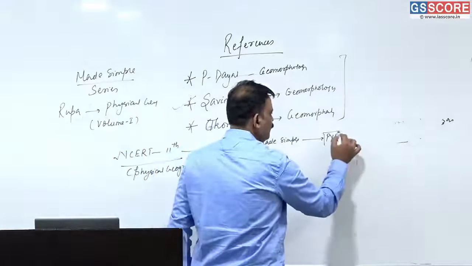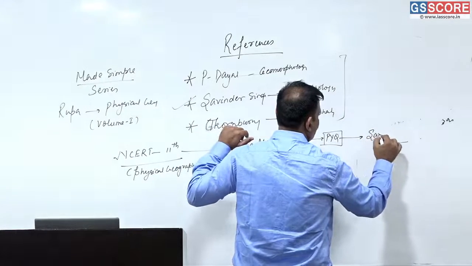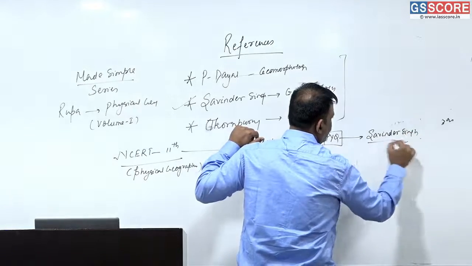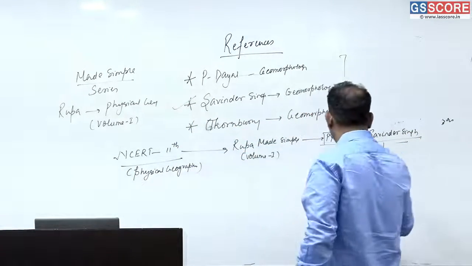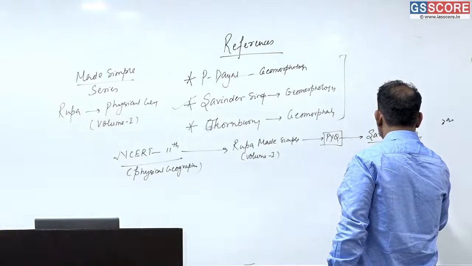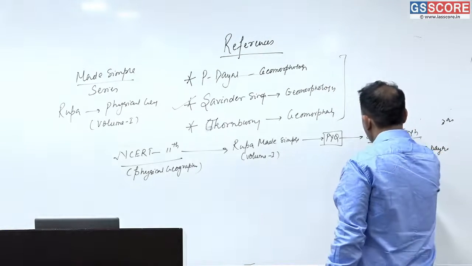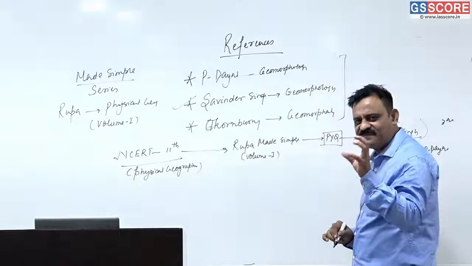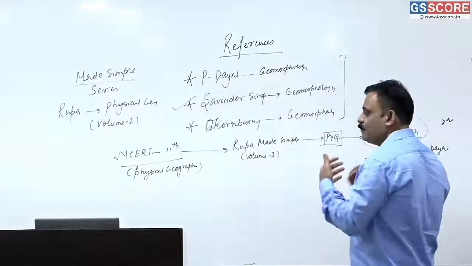Okay, and then on the basis of the previous year questions start reading Savinder Singh, and intermittently you can use P. Dayal for the same topic and for value addition. And one more thing, always keep in your mind that there are some specific examples given in Savinder Singh which may be missing in P. Dayal.